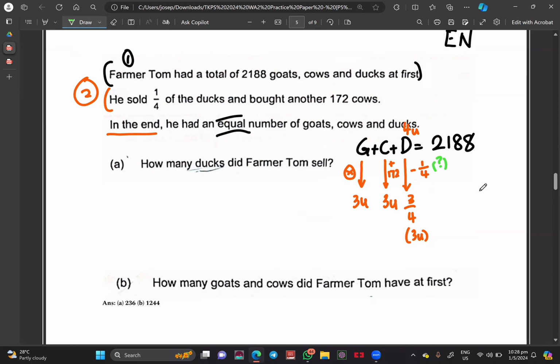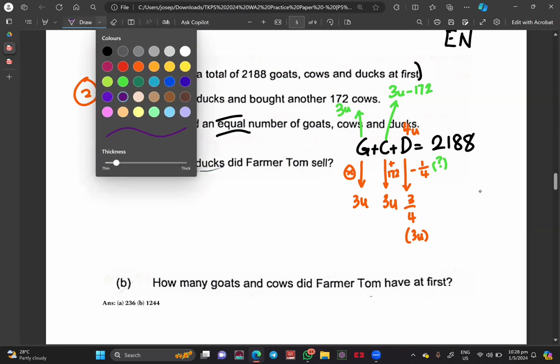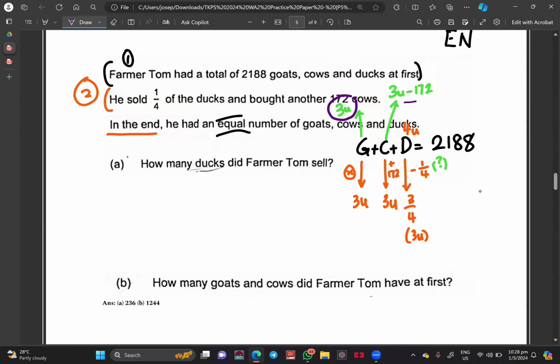So what we can do is say that for cows, at first, we are going to work backwards and say that this is 3 units minus 172. For goats, it will still be 3 units. So from here itself, what we can really see is that 3 units plus 3 units minus 172 plus 4 units is equal to 2188.